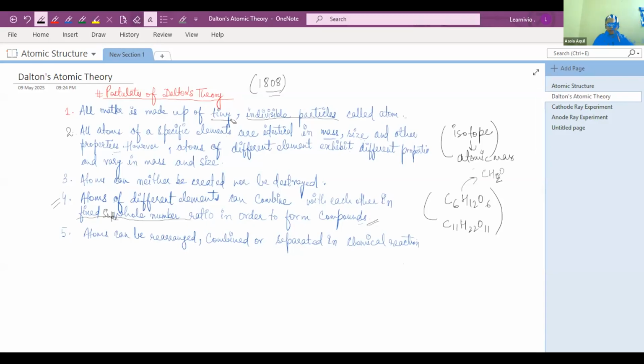But we can't write it like this for complex molecules like glucose, sucrose, and other complex constituents. So again, this postulate becomes wrong, because he said atoms of different elements combine in a fixed simple whole number ratio, but this is not a simple whole number ratio. So this point also proves wrong.